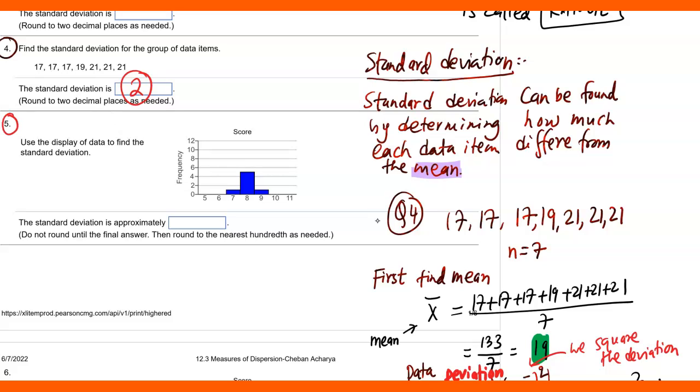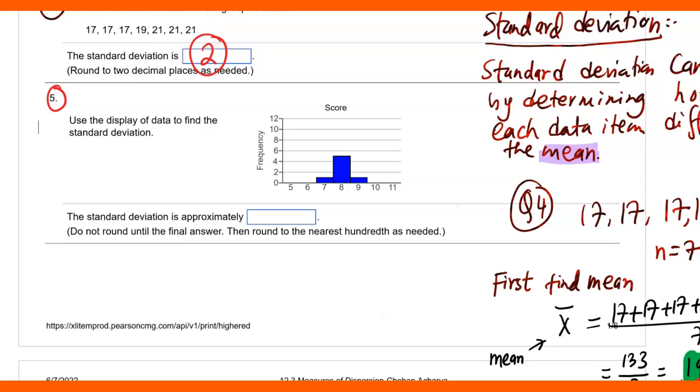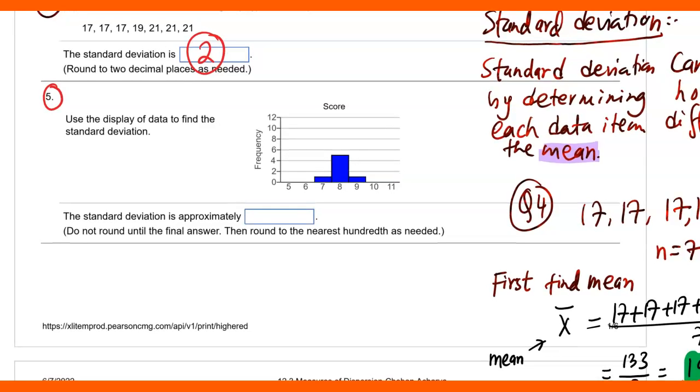But notice that this does not have data here as you see. This is a histogram, also a bar graph, and you have to find the data from this diagram. Remember that 7 is the data, 8 is the data, 9 is the data.